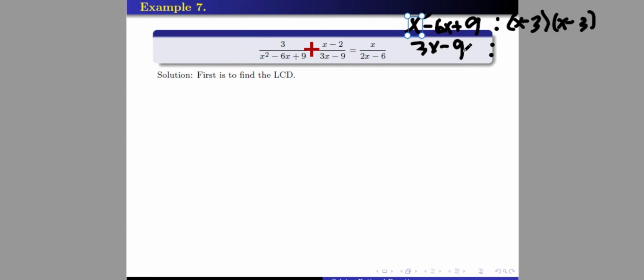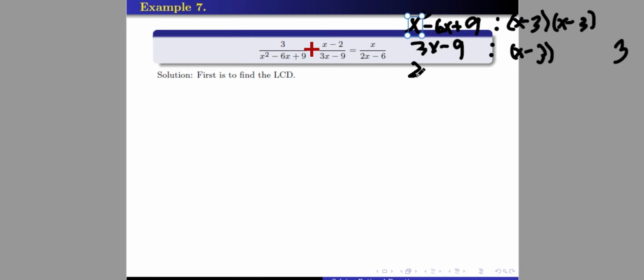Now because we can have 9 as 3 times 3, I can factor out 3. So I will make another column for 3. And then if we factor out 3, what remains here is just x. And on 9, 9 divided by 3, so we're left with negative 3. So the factors for 3x minus 9 is 3 times x minus 3.